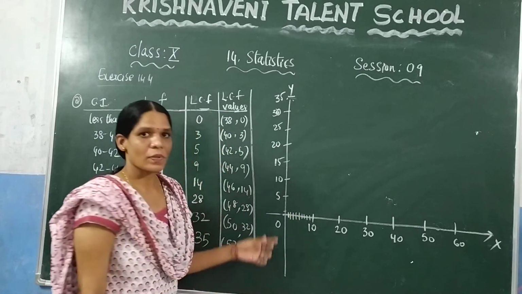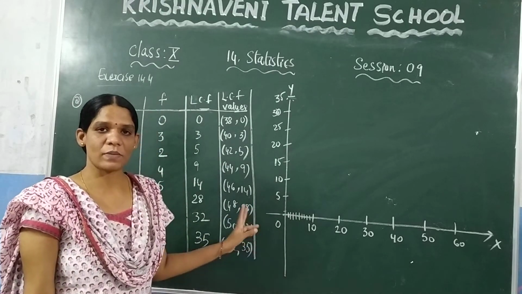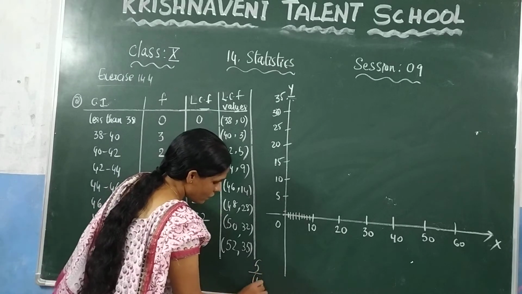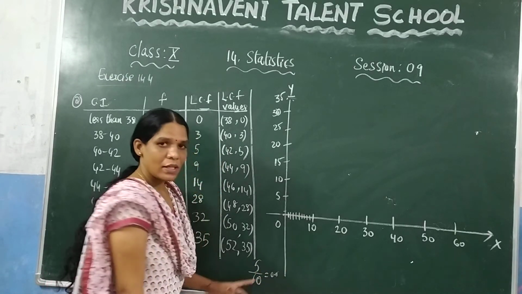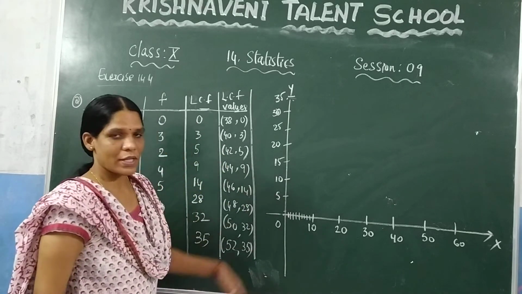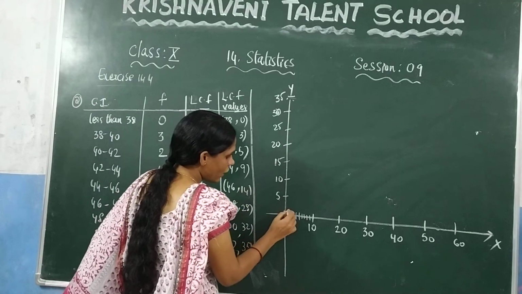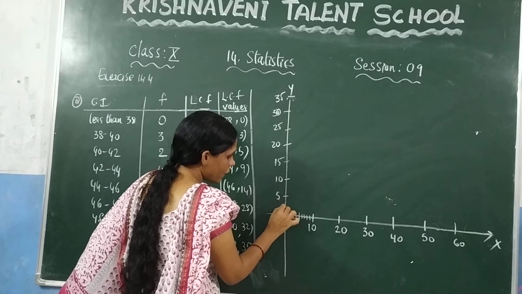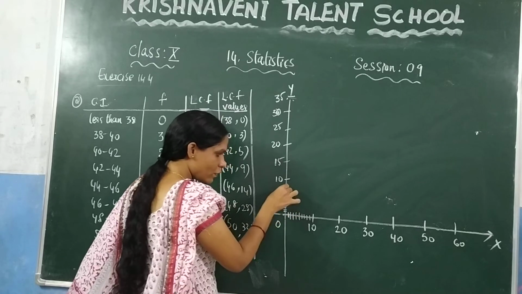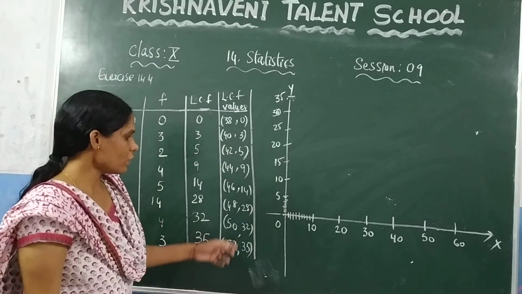Each distance here, we need to divide 5 by 10, which is nothing but 0.5. Each line is equal to a distance of 0.5 on the y-axis. So here 0.5, 1, 1.5, 2, 2.5, 3, 3.5, 4, 4.5, 5, like that.